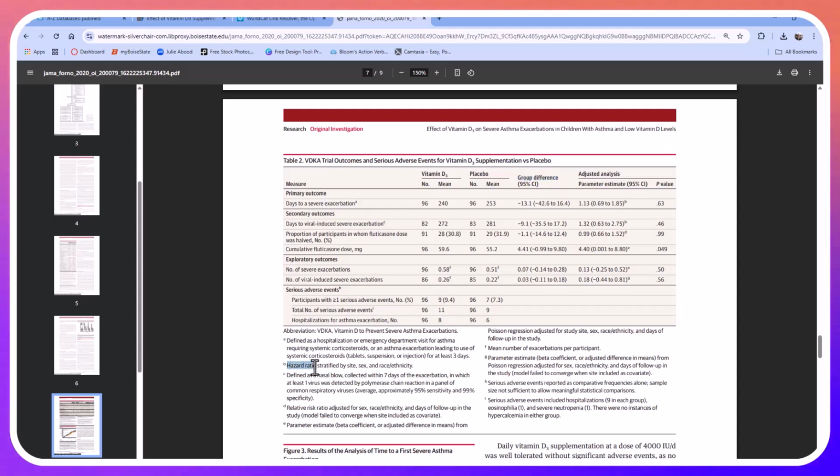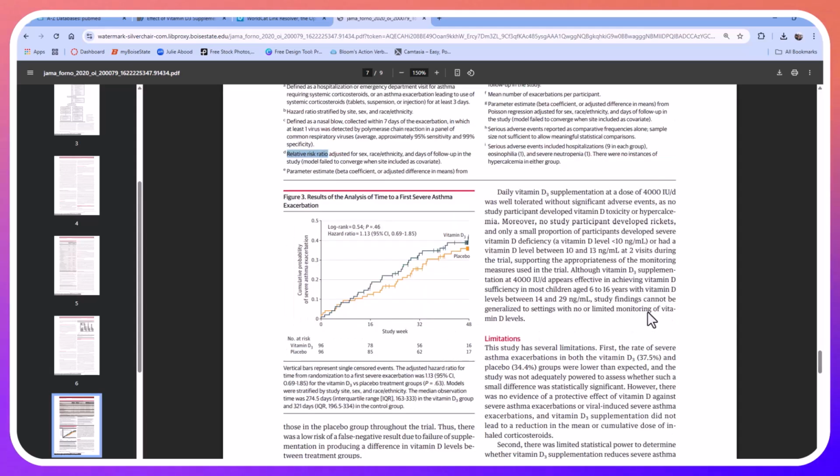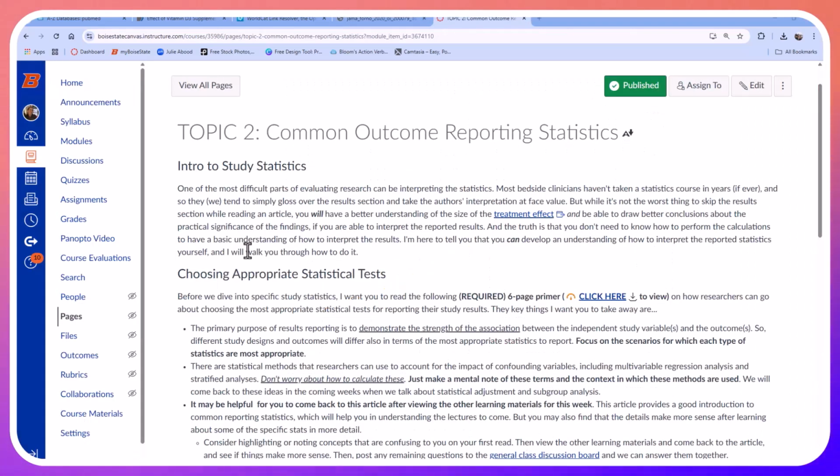Also, I see hazard ratio, relative risk ratio. This figure represents our hazard ratio. Let's look at one more study and see what statistical tests were chosen for that one.